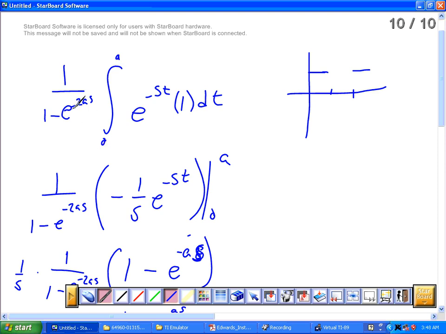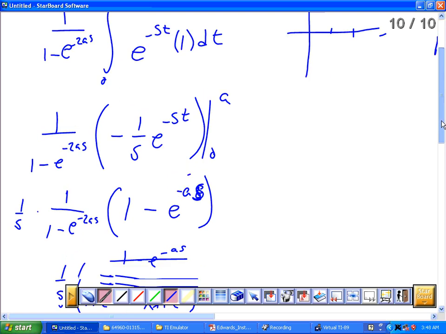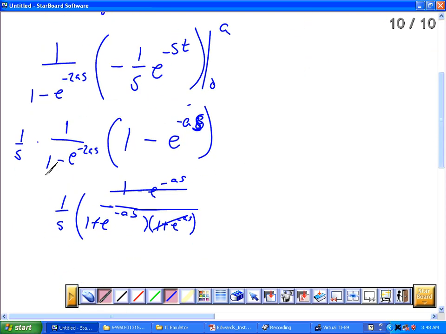And so when you do that, you do it right this time. This bottom guy factors into 1 plus e to the minus as and 1 minus e to the minus as. And then this guy cancels off. I canceled the wrong one. There it is. This guy cancels off. And you're left with 1 over s.